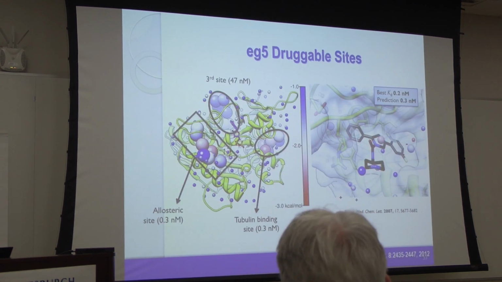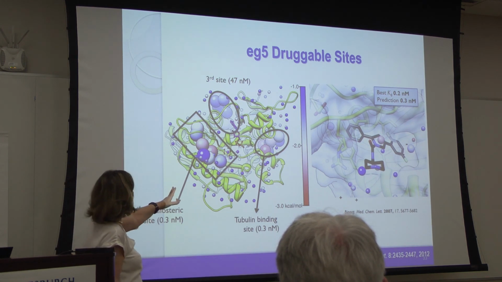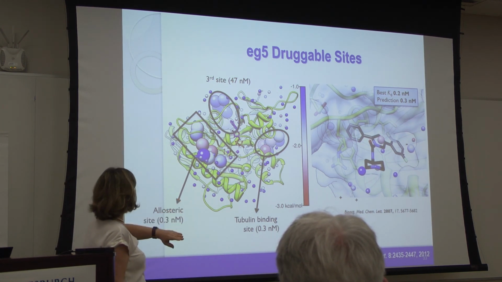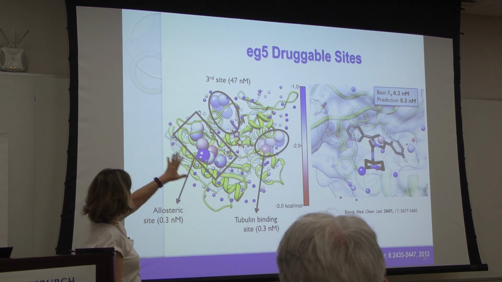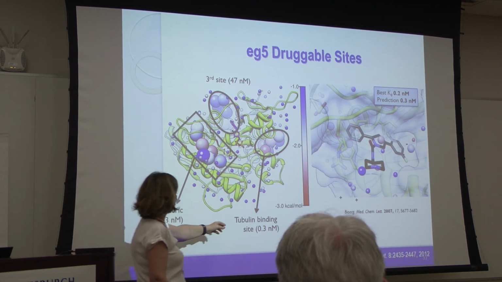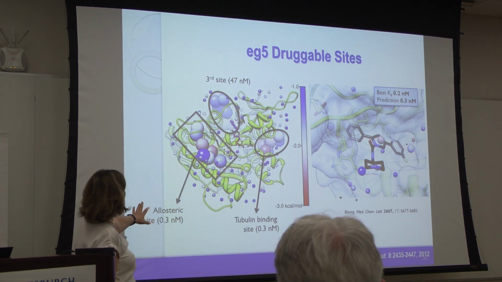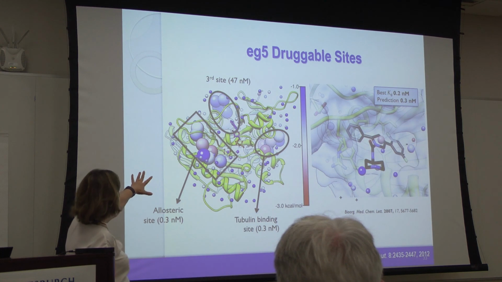So here is an example when we were applying it to this protein. There are multiple sites that are identified. For example, this is the one where it interacts with tubulin, or this is another allosteric site.